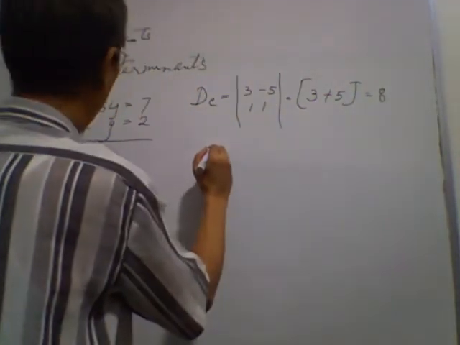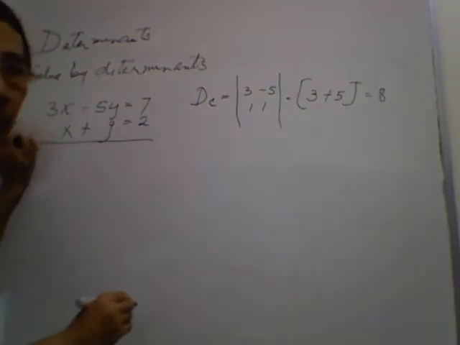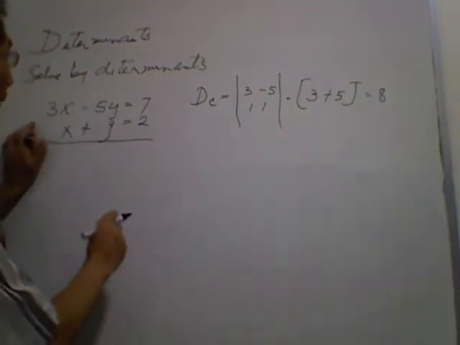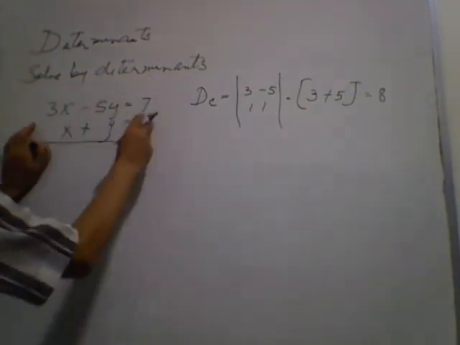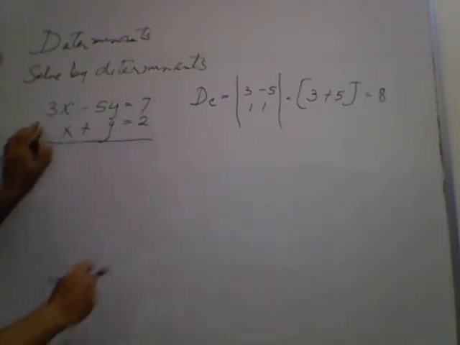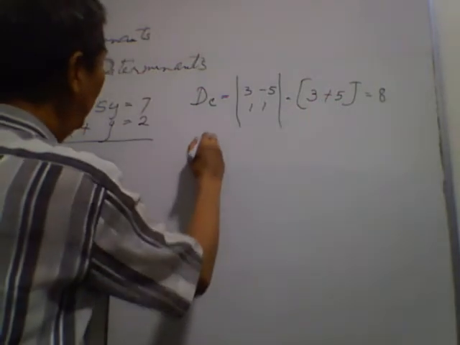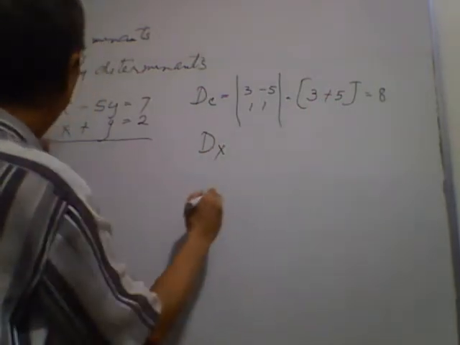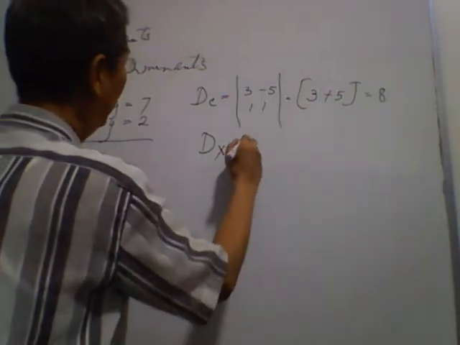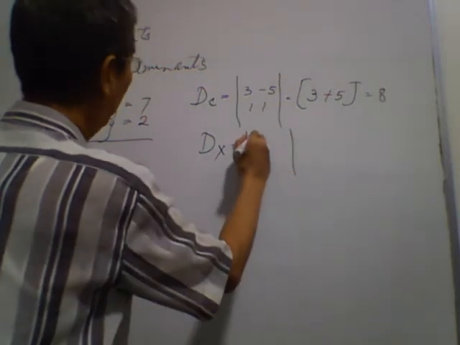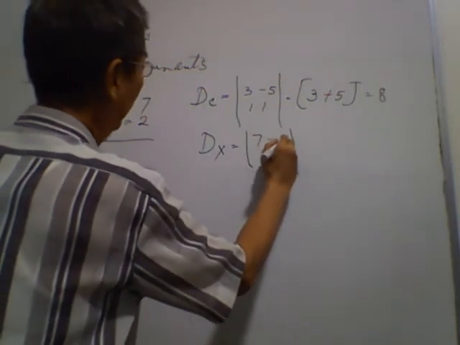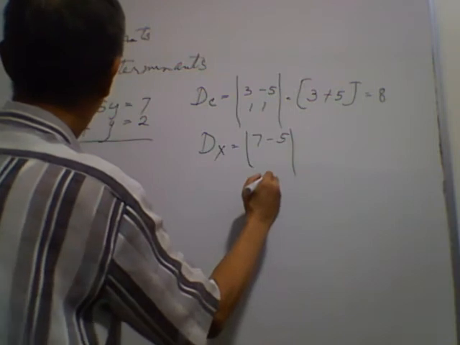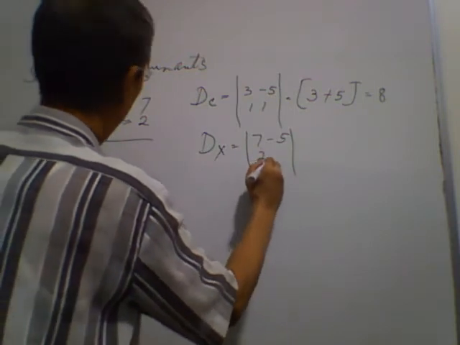So for x, always remember to substitute the values of the constants to the coefficients of x. So for dx, instead of 3, we'll use 7 and -5 here, and also 2 and 1.